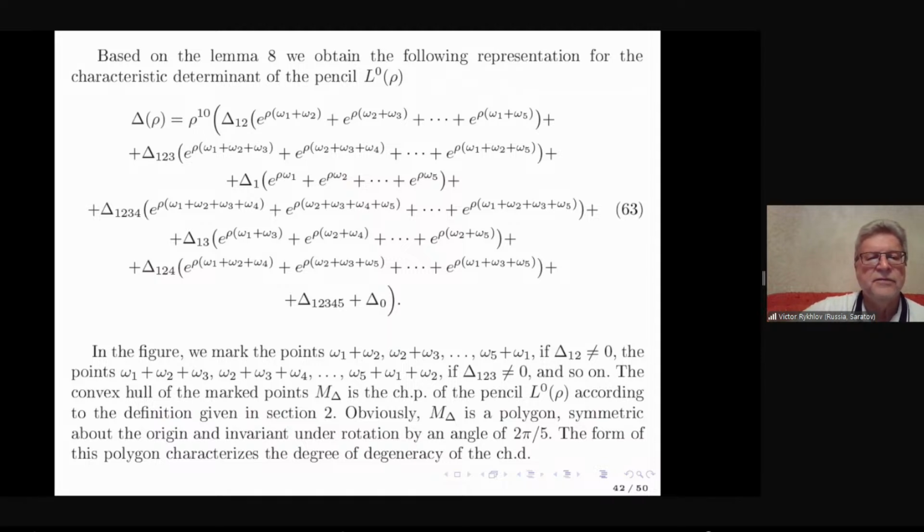And if the coefficient delta 1,2 equals or delta 1,2,3 equals, we can obtain the different cases of irregularity.